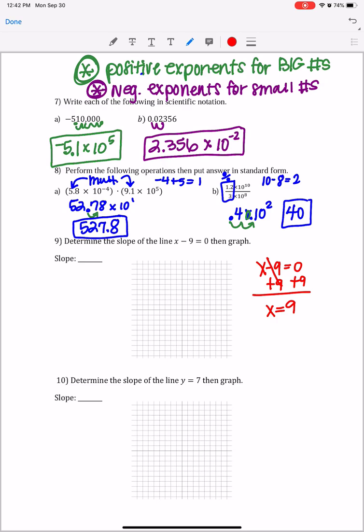So, go along your x-axis here to 9, which I believe is actually 1 off the graph. And this is my line here. If this has no y, it's never going to touch that y-axis. If it is a vertical line, vertical lines are undefined.